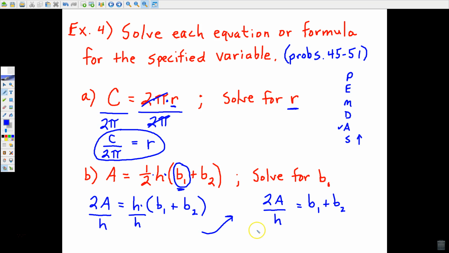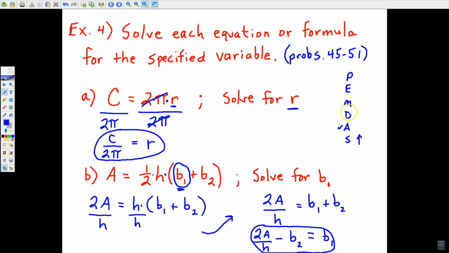Obviously, with subtraction. So 2a over h minus b2 is equal to b1. And that's our answer. We have isolated the variable b sub 1, which is what the instructions told us to do.